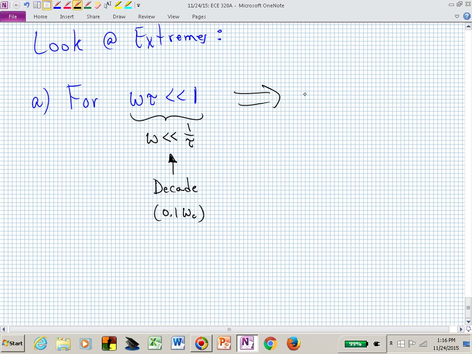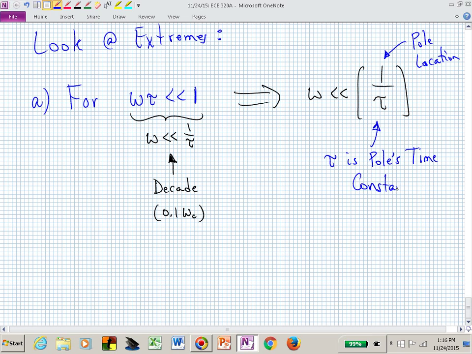So now we're looking at omega values much less than 1 over tau. As we said, 1 over tau is actually our pole location, and tau is the pole's time constant.